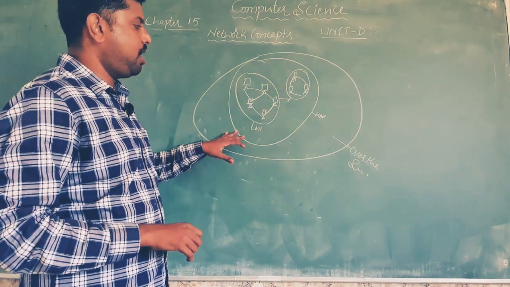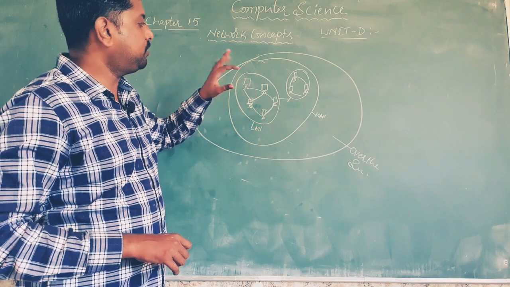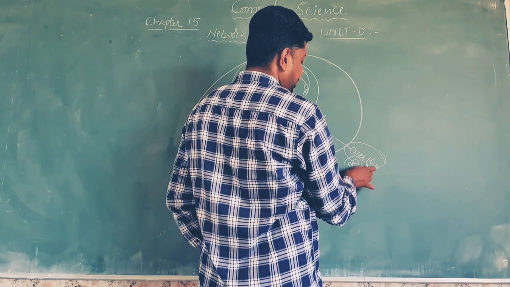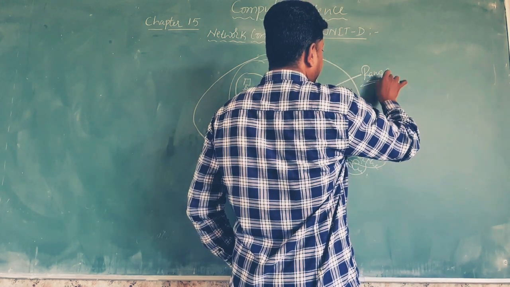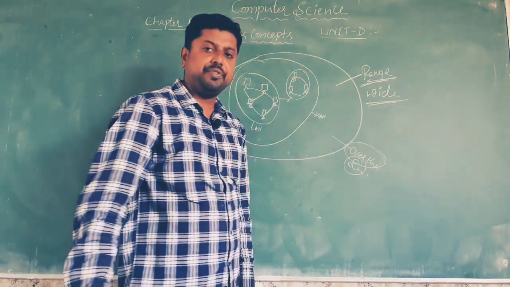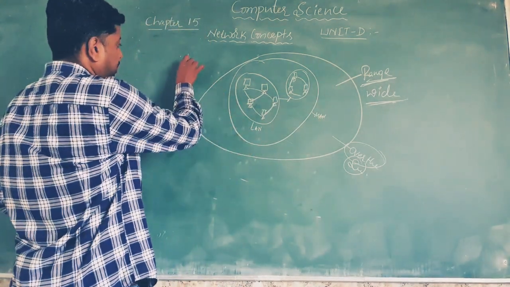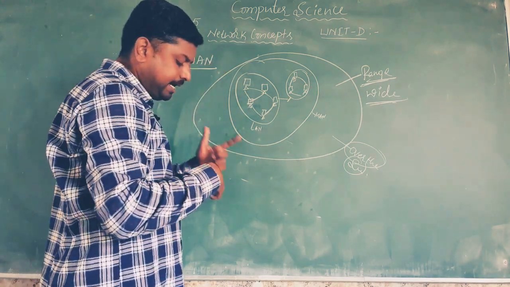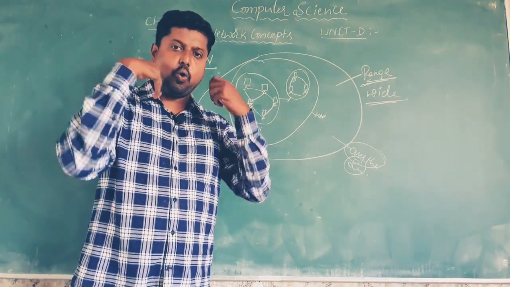So this is what we call connecting computers wirelessly over huge distances, over the seas, as its range. The range is wide. That's why this particular network is called wide area network, WAN. The area covered by this type of network is huge, wide, or over the seas.